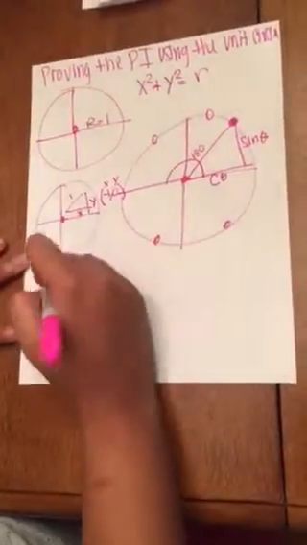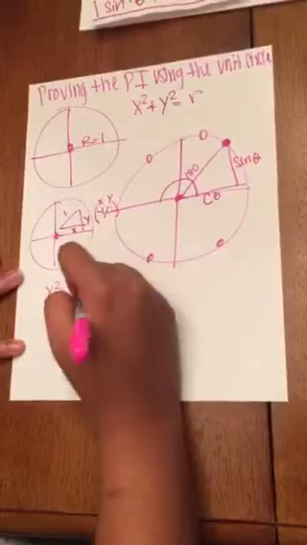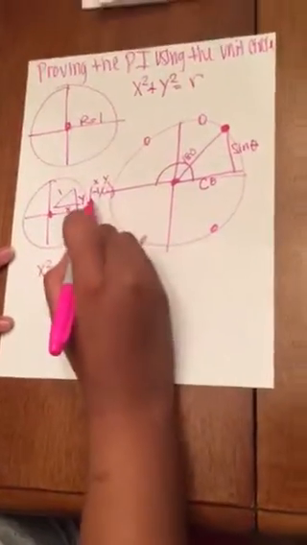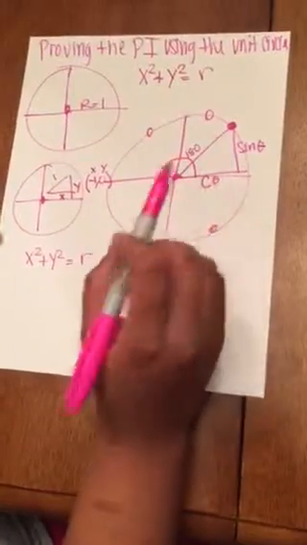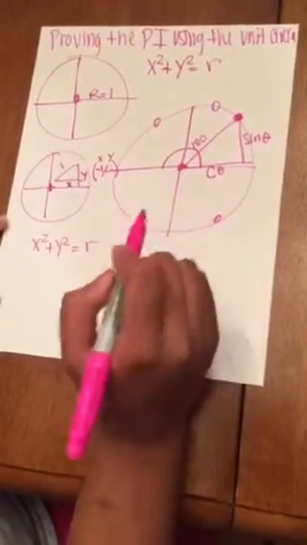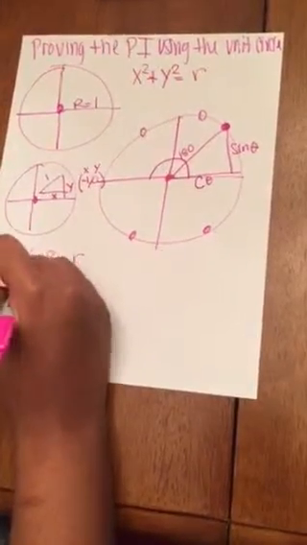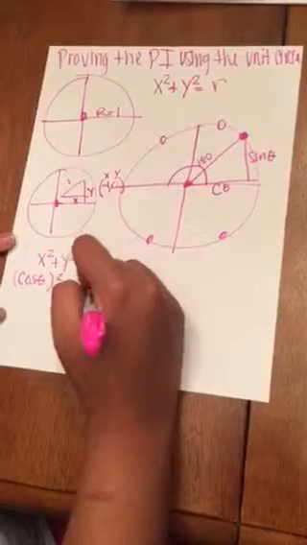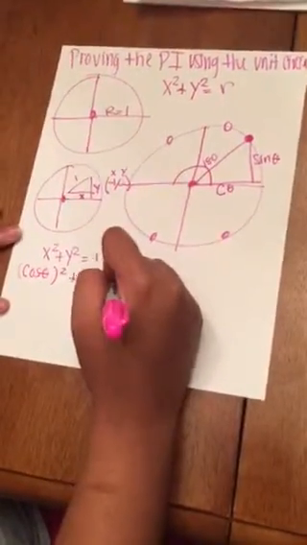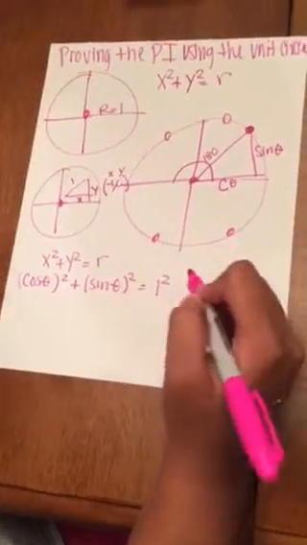So now if I come down here and write the equation again, x squared plus y squared equals r, I could substitute this for my cosine and my sine. So for example, I could say the cosine of theta squared plus the sine of theta squared equals 1 squared.